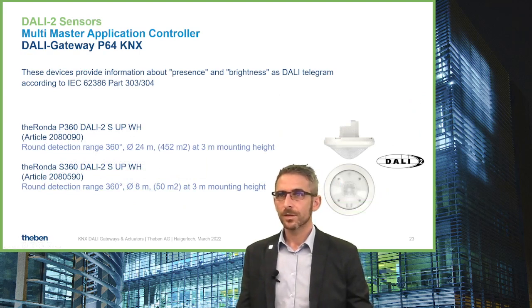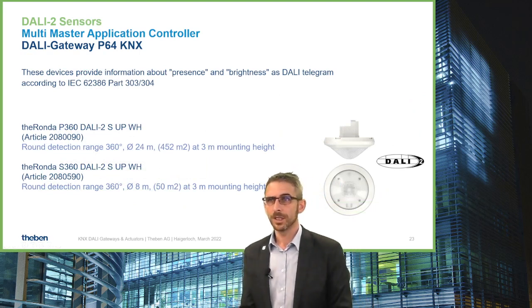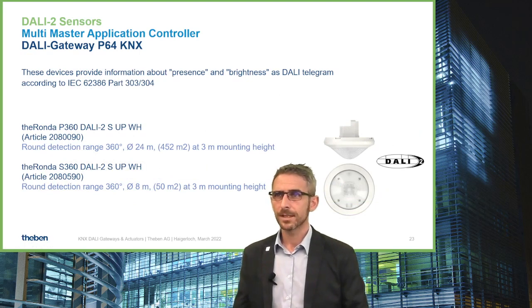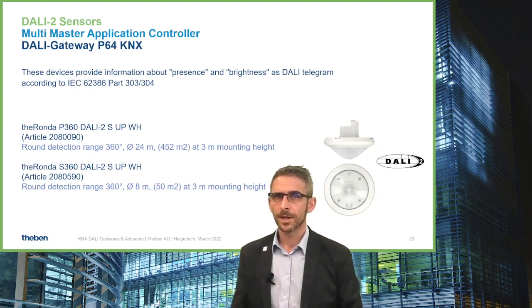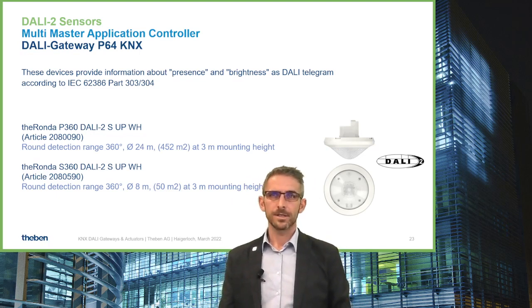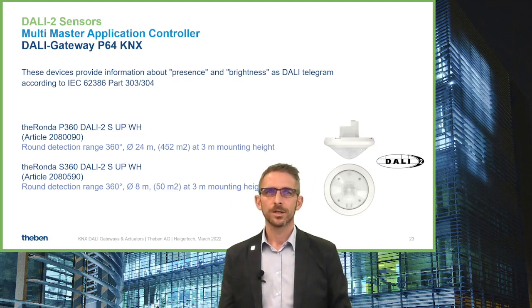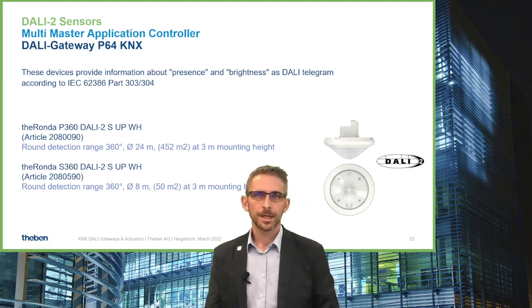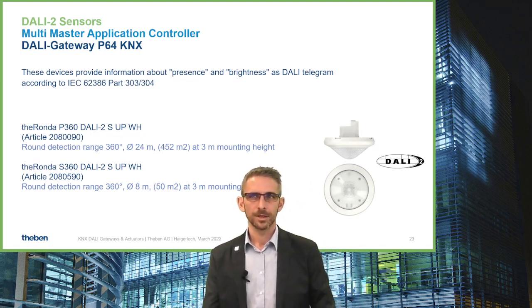Motion detectors or presence detectors, for example, can be T-Ronda P360 or T-Ronda S360. Both of them are DALI 2 certified devices, and both of them provide information about motion or presence and about the brightness value.